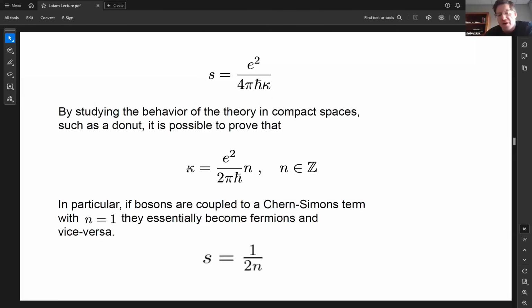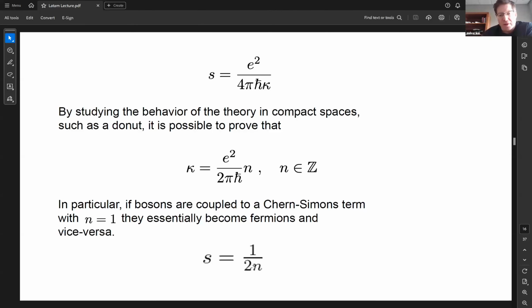And the answer is yes, there are constraints, but they're very difficult to derive. So in the quantum theory, it turns out that this kappa cannot be anything you want. It has to be e squared over 2 pi h bar times an integer. And therefore, if you plug it into this formula and you calculate what are the allowed spins, effective spins for these anyons, you see that the effective allowed spins are 1 over 2n, mod 1.